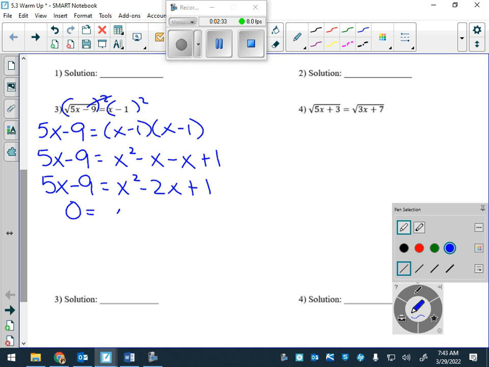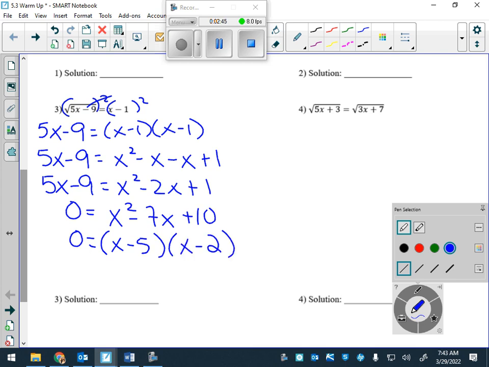So I'm subtracting 5x and adding 9. Okay. X minus 5, x minus 2. Set those both equal to 0. 5 and 2. And here, especially, we should check our solutions.